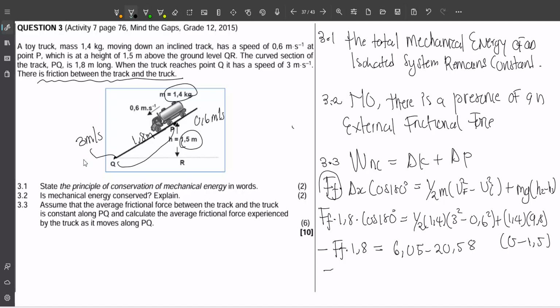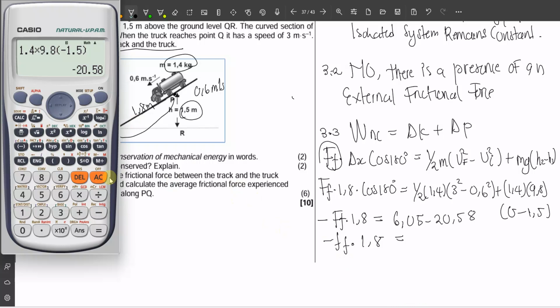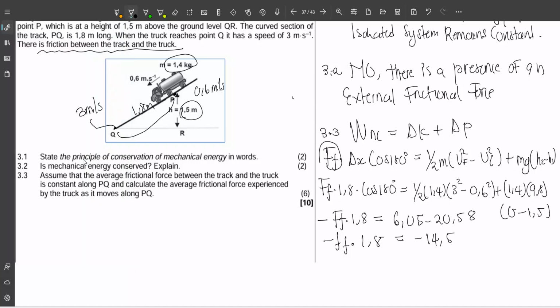So negative frictional force multiplied by 1.8 equals 6.05 minus 20.58, which gives a value of negative 14.53.